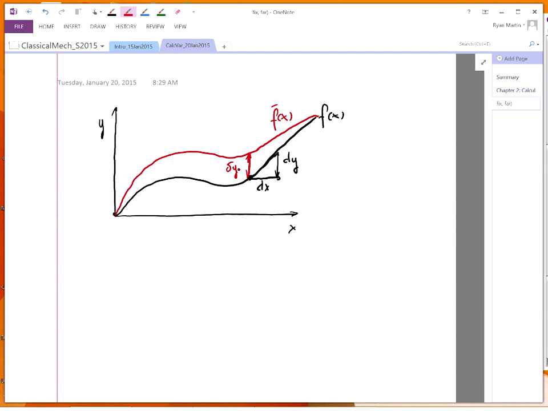That's what we call a variation of the function. So we say that delta y is a virtual displacement.